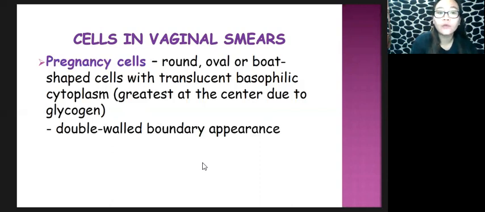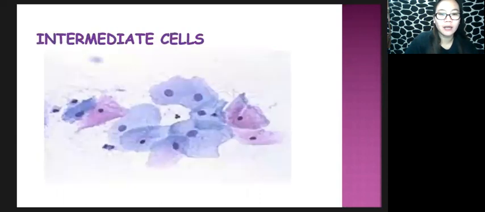So take note that your pregnancy cells are glycogen-containing cells. And apart from that, in order to characterize them from your navicular cells, they have a double-walled boundary appearance.